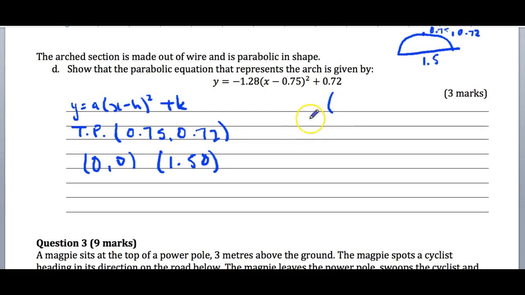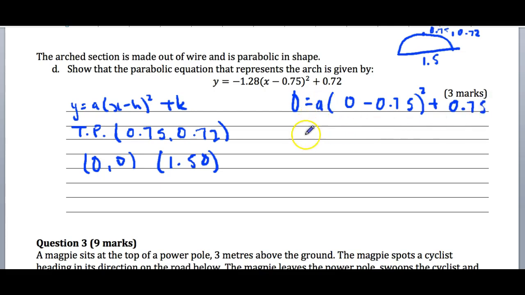So y equals A. If you get confused between your values, just label them. 0 equals A times 0 minus 0.75 squared plus 0.72, and then we're just solving for A.